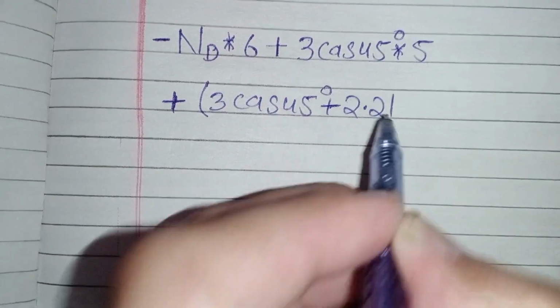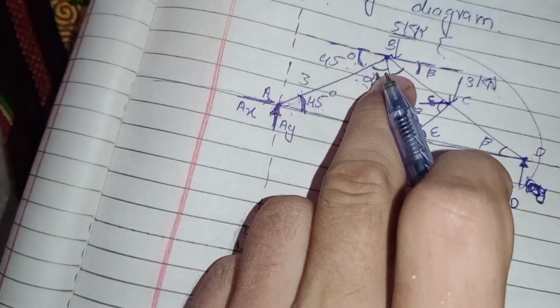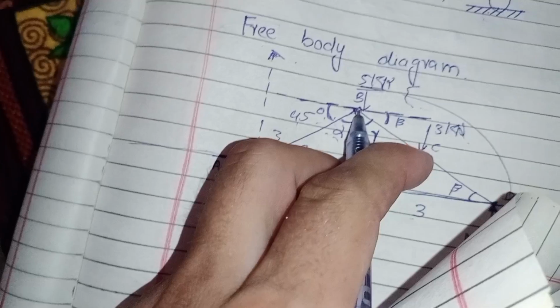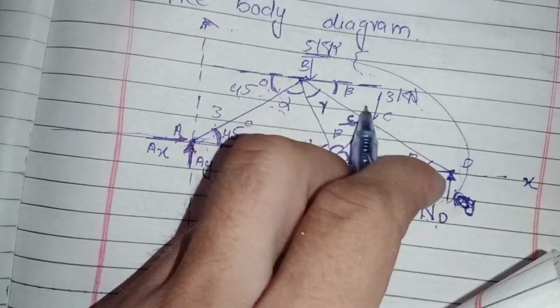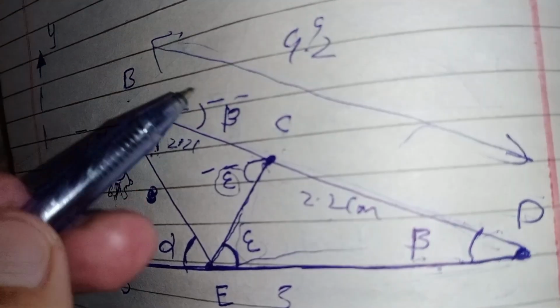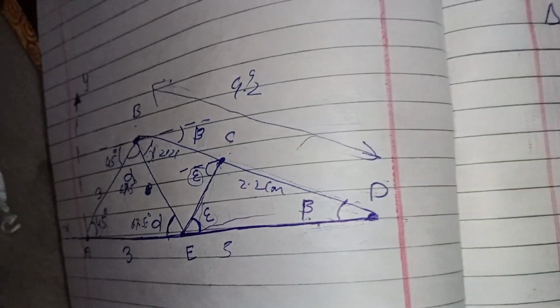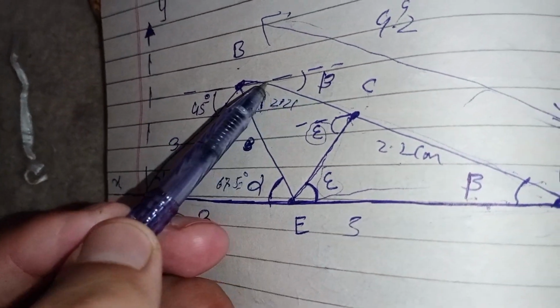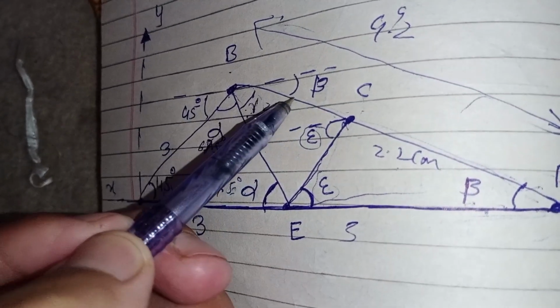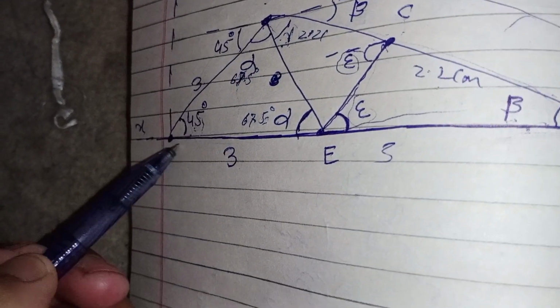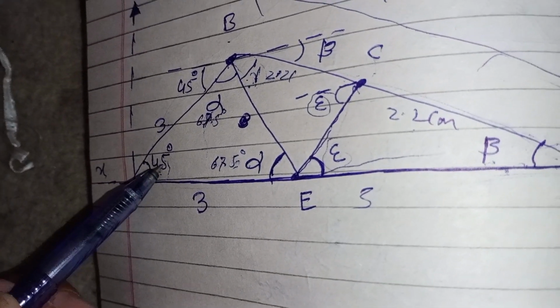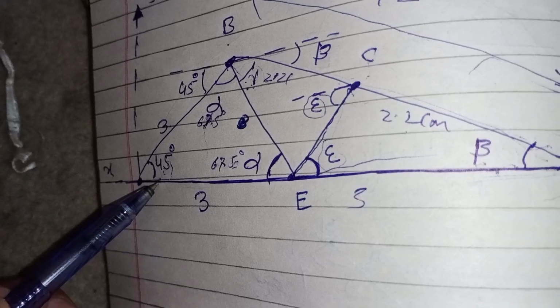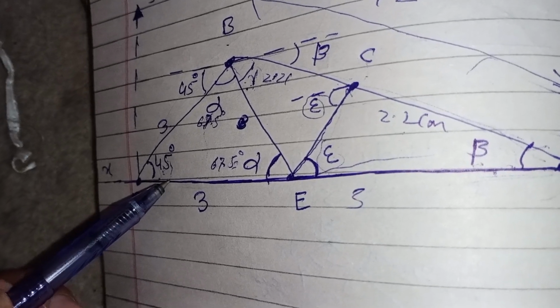2.21, which is this distance, B to C distance 2.21. B to C distance is 2.21 into the angle will be beta. So this beta makes an angle with the x-axis, and also this 45 degree makes an angle with the x-axis.